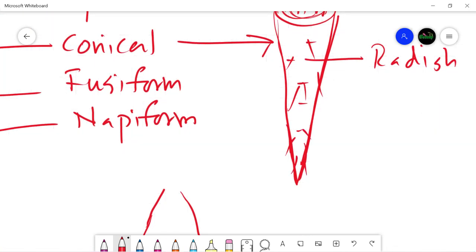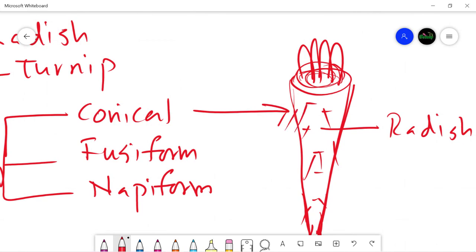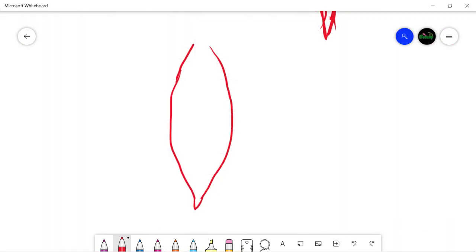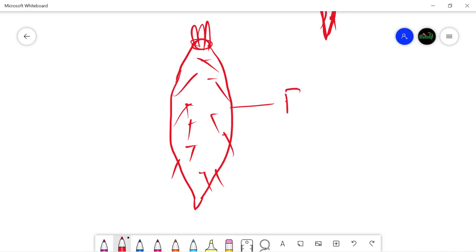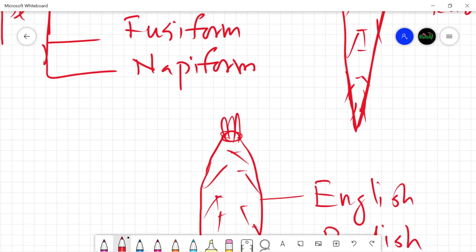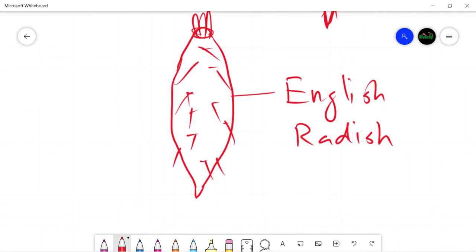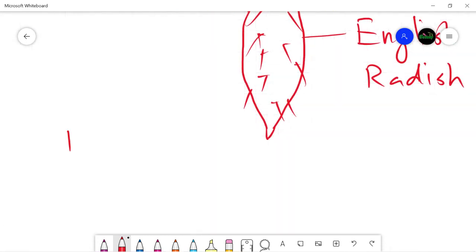It is the same reduced stem with bases of the leaves that have been cut away, and as you can see it is thick in the center and then tapers towards both the ends, upper and lower. This is found in what we call English radish in our area. So fusiform and conical.